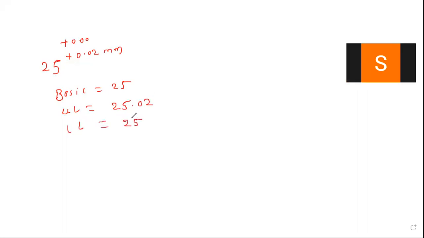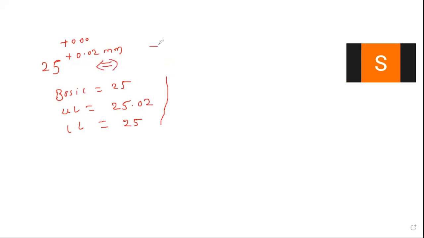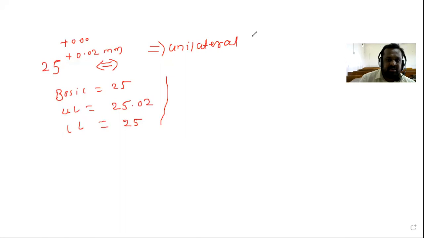Is this bilateral or unilateral tolerance? Unilateral. Why is it unilateral? Because we are showing the tolerance on only one side, the positive side only, so it is called unilateral tolerance.